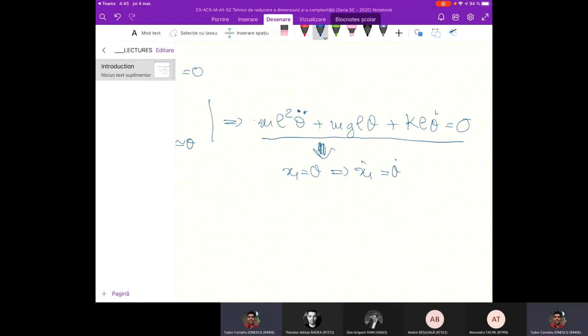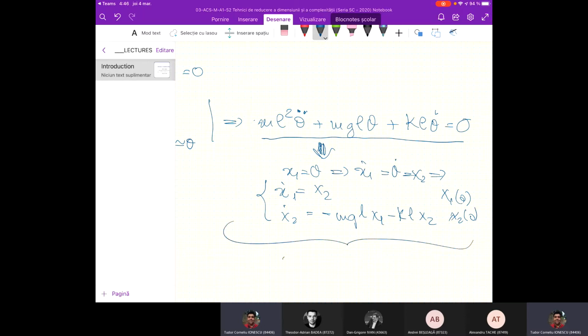You make these notations, and then you get the following model: x1 dot equals x2, x2 dot equals minus mgl x1 minus kl x2, with the initial conditions x1 0 and x2 0. And this is the mathematical model.